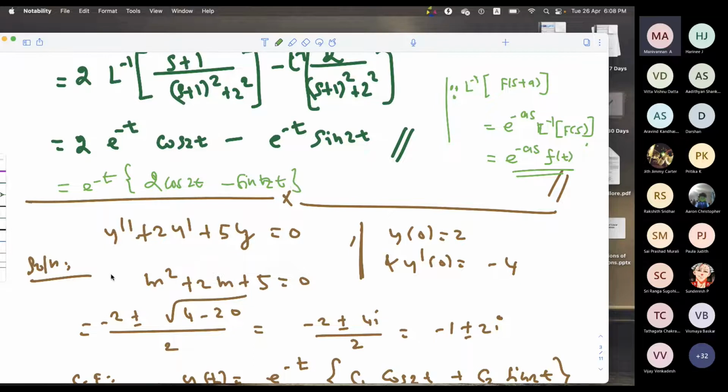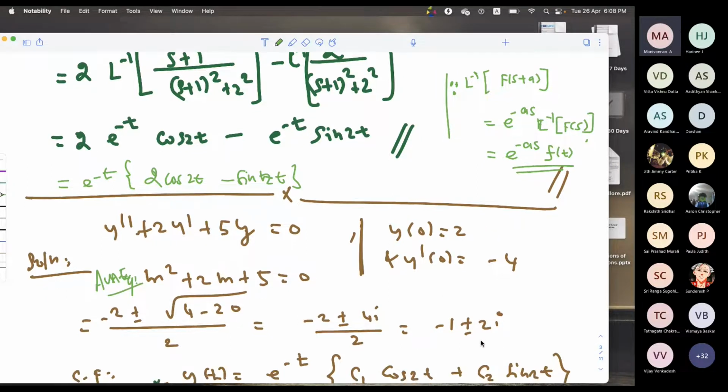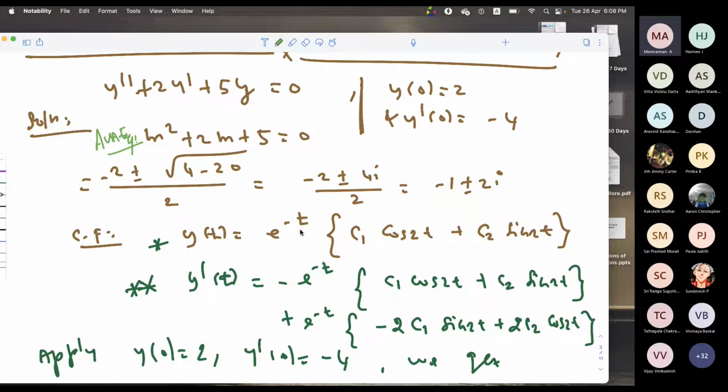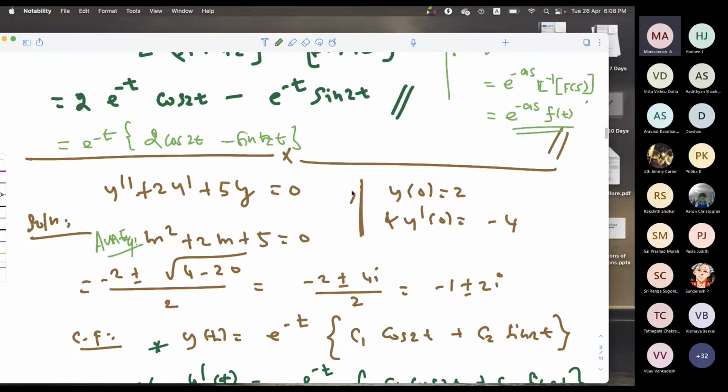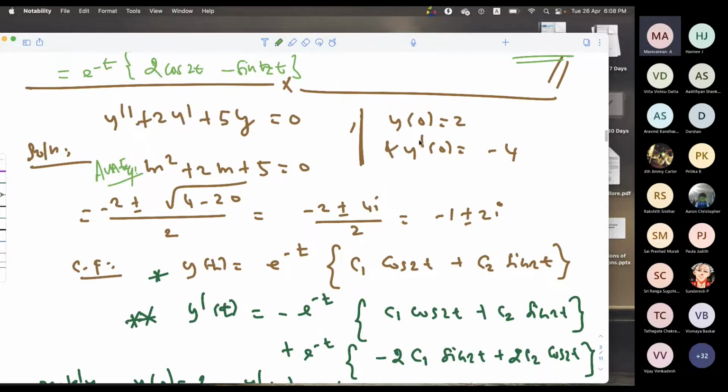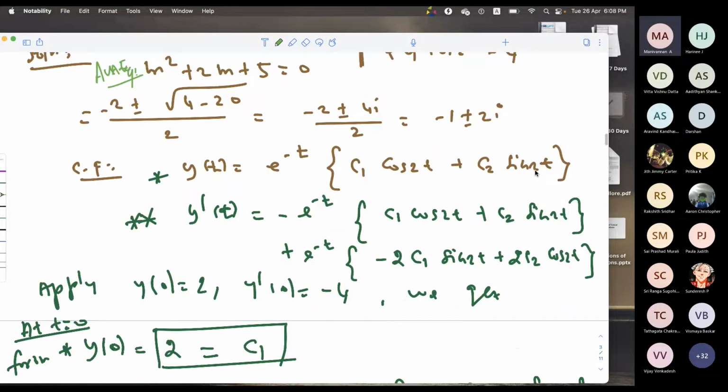So from this, if I'm going to write the auxiliary equation, m square plus 2m plus 5, the roots will be minus 1 plus or minus 2i. So writing the solution, e raised to the power minus t, c1 cos 2t plus c2 sin 2t. Just compare this e raised to the power minus t, c1 cos 2t plus c2 sin 2t. So my c1 is 2, c2 is minus 1. That's all. If we apply these initial conditions, y at t equals 0 is 2, y derivative at t equals 0 is negative 4.